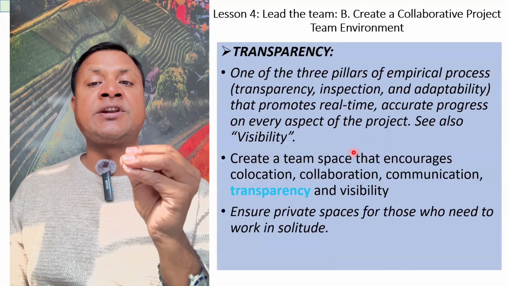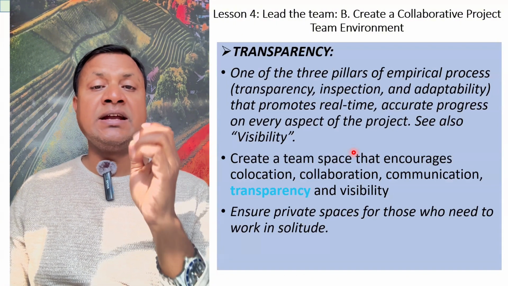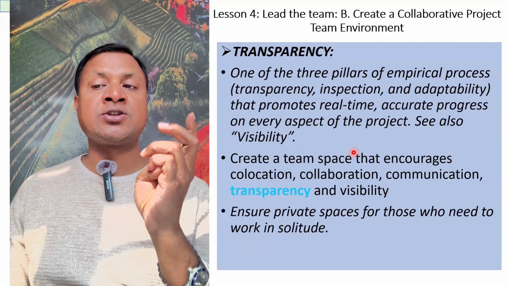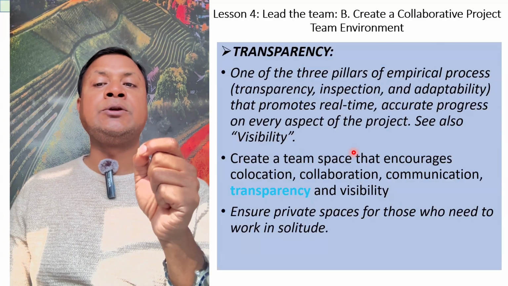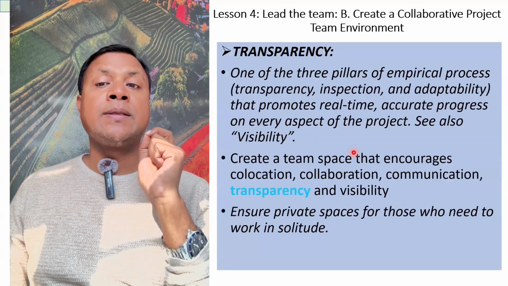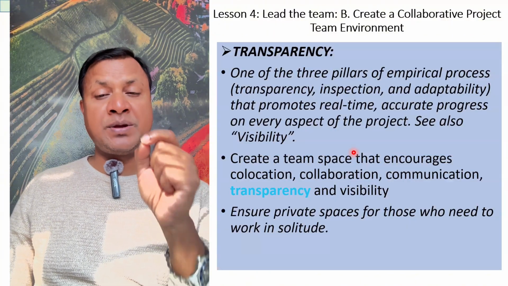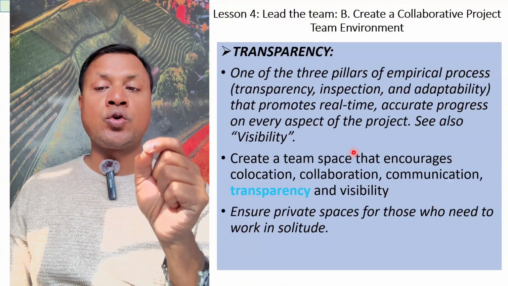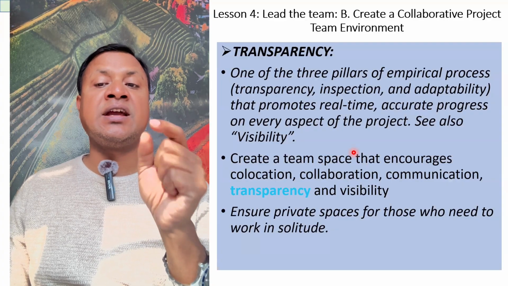And you must show transparency, one of the three pillars of empirical process: transparency, inspection, and adaptability, that promotes real-time, accurate progress on every aspect of the project. So transparency is crucial. Create a team space that encourages co-location, collaboration, communication, transparency, and visibility.